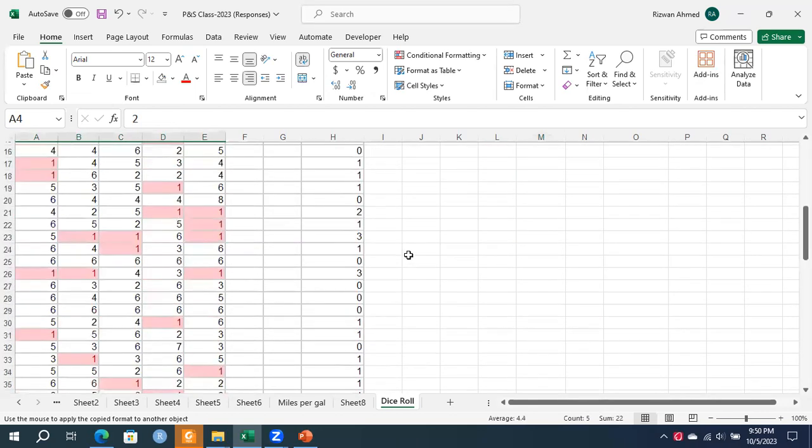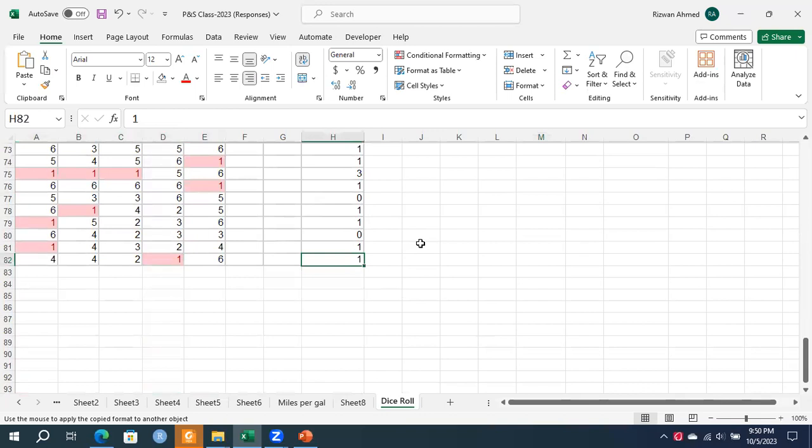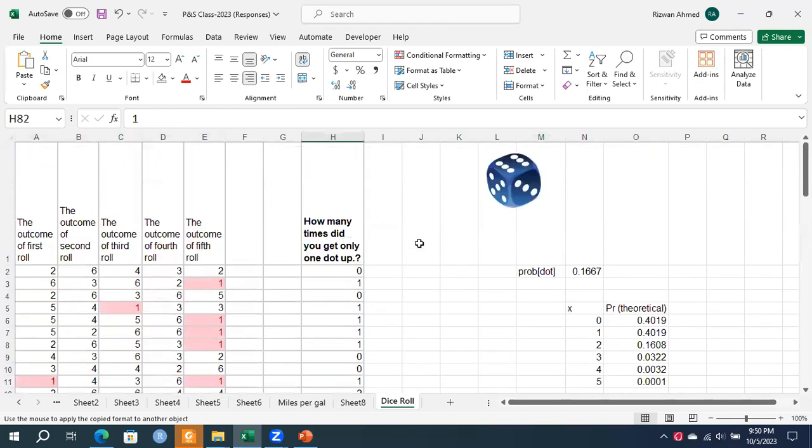So for this very purpose, we have in total 81 experiments. So let's count the number of times we got one dot face up. Let's count how many times we didn't get any one dot face up.